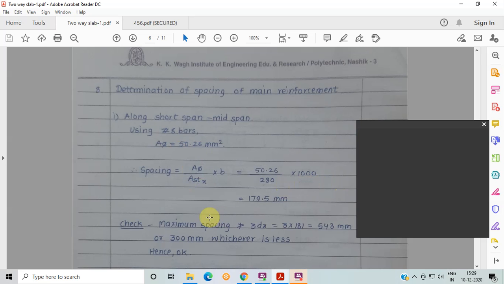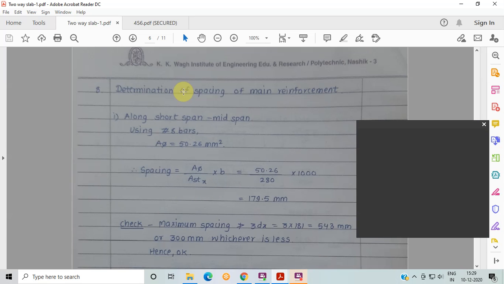Why is it safe? It is very simple logic. When we consider the diagram of modification factor, let's go to figure number 4 once again. So here we have figure number 4. Now we have assumed 0.3, which is somewhere here.